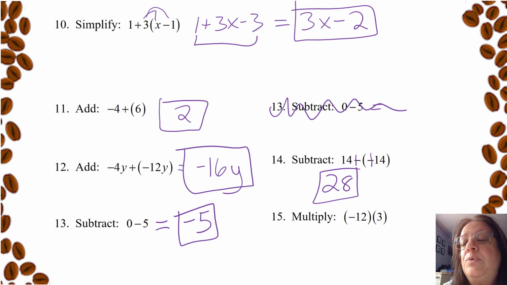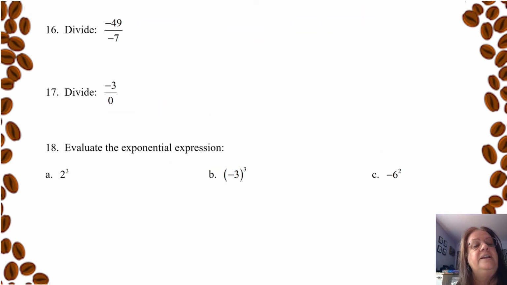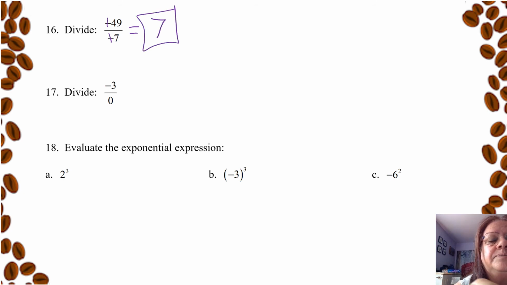All right, -12 times 3 is 36. They're different signs, so we make that a negative answer. All right. Okay. Divide -49 by -7. Well, I have 2 negatives, so that makes it positive. 49 divided by 7 is just 7.